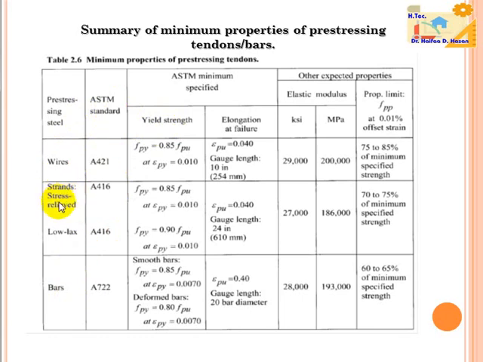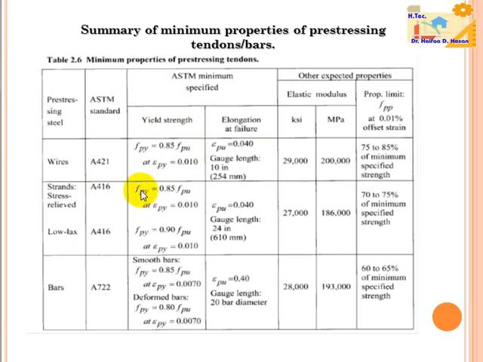Here strand stress relief, here low relaxation. And in the third column we can see the ASTM minimum specified yield strength or elongation at failure. Yield strength equal to 0.85 of fpu, ultimate strength.